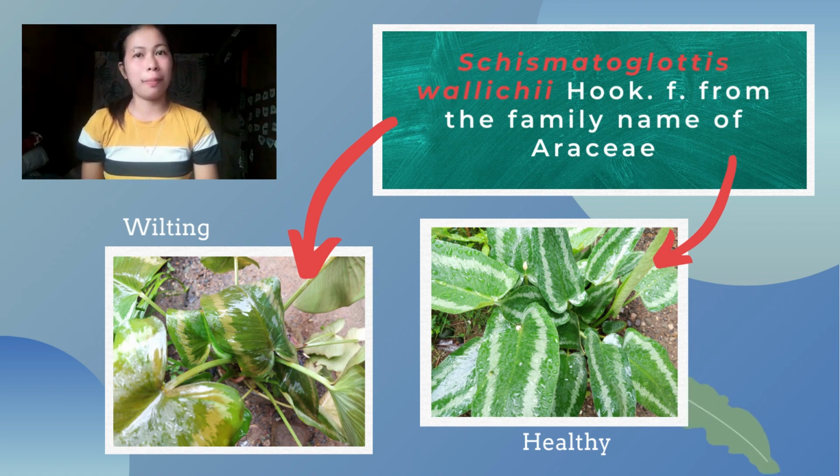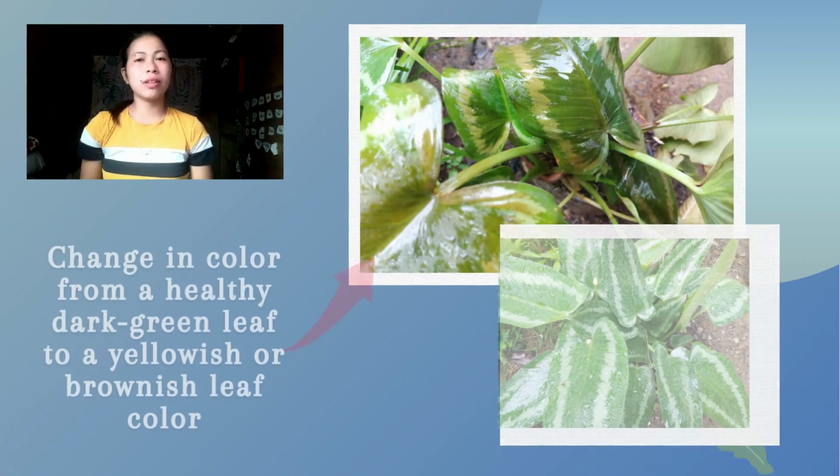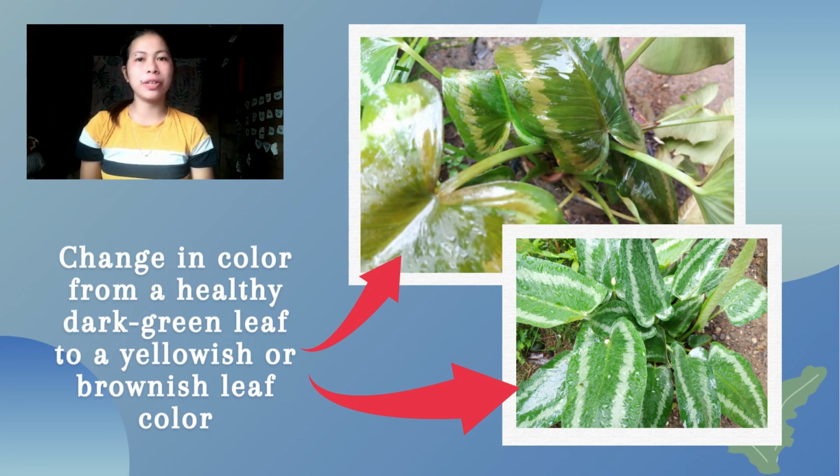It is a perennial plant that is native to Malaysia, from peninsular Malaysia, Singapore, Sumatra, Java, Borneo, Philippines, and East New Guinea.